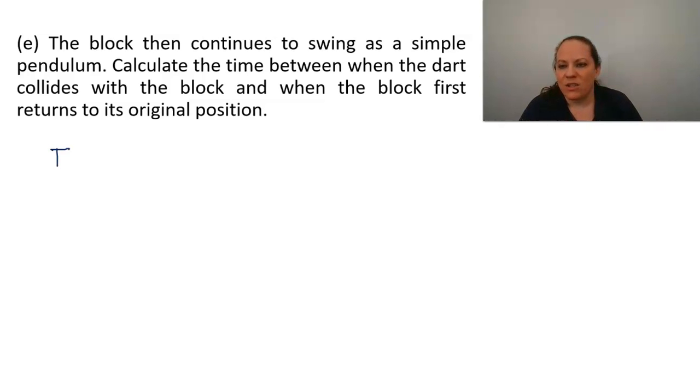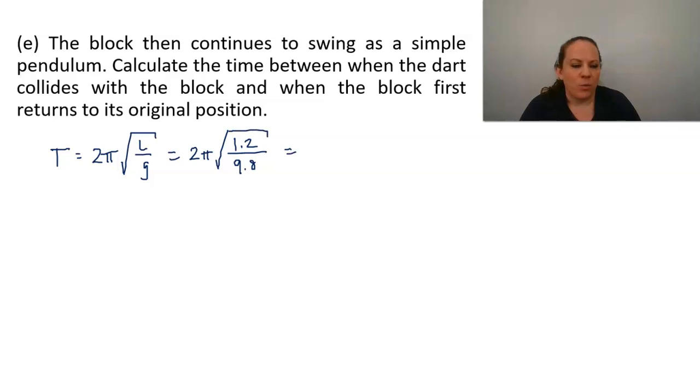So we can start with T equals 2 pi times the square root of L over g. And we can substitute our 1.2 meters, 9.8 for g, and we get a time of 2.2 seconds.